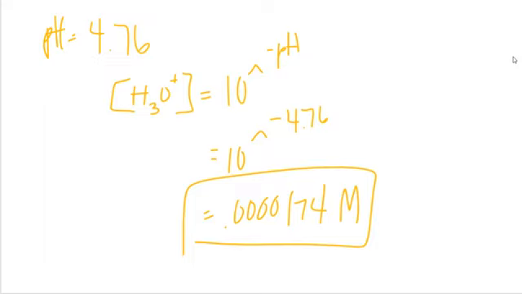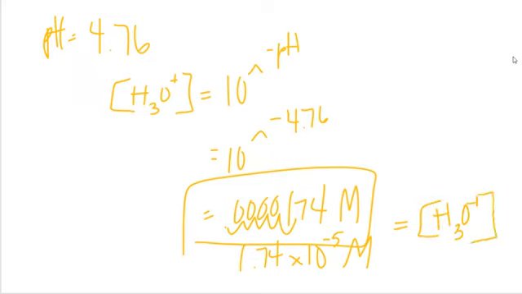We could also write this in scientific notation, of course, as 1.74 times 10 to the negative 12345 molarity. And again, this is my hydronium ion concentration.